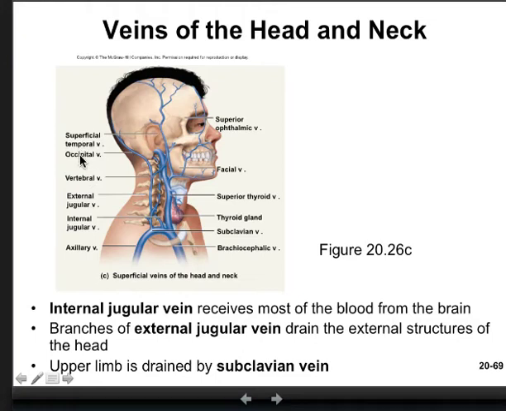They have their counterparts in the arterial circulation, the axillary vein, the brachiocephalic vein, subclavian, the superior thyroid vein, the facial vein, and the superior ophthalmic vein. So it's not a mystery that a lot of these follow a lot of the same general routes as the arteries do.